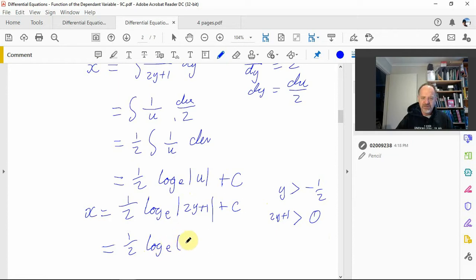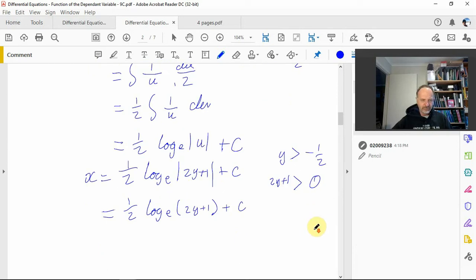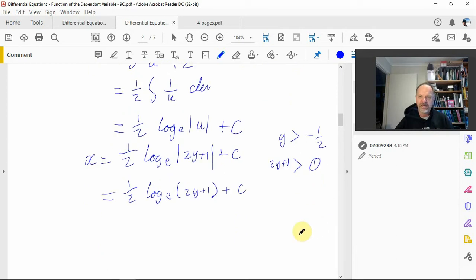So we can leave them out, and we can just write 2y plus 1. We can leave them out because we know that what's inside here is going to be greater than 0. And remember, of course, you can't take the log of 0 or a negative.